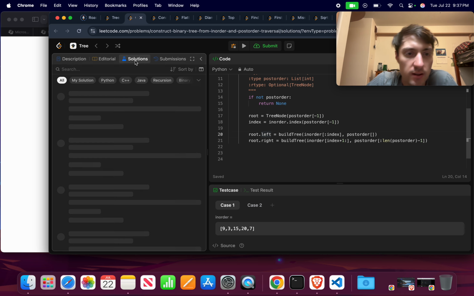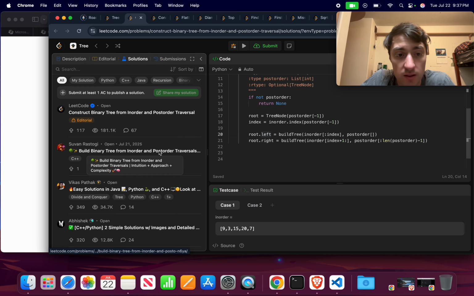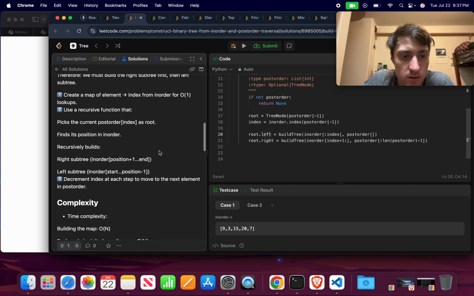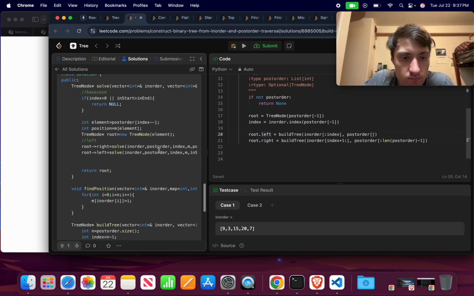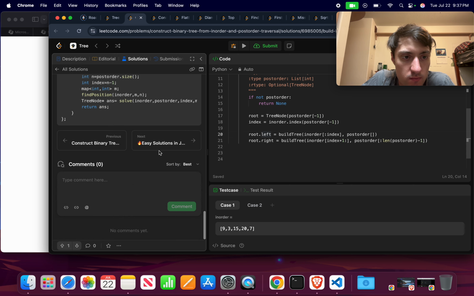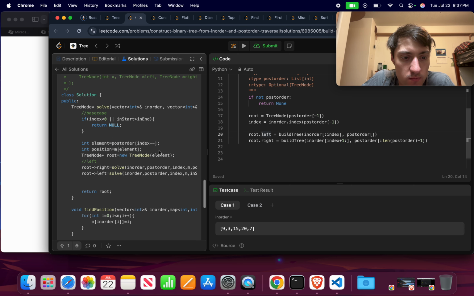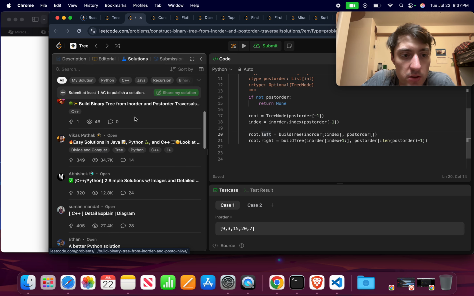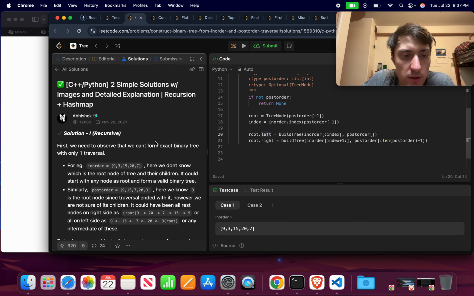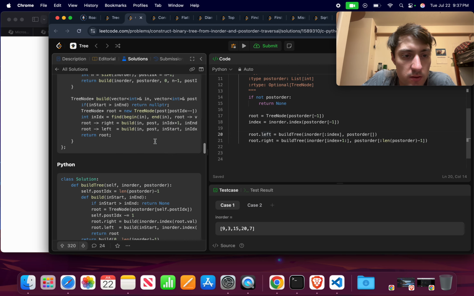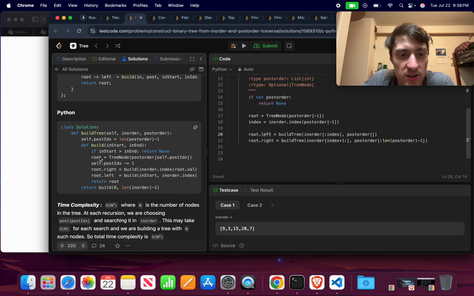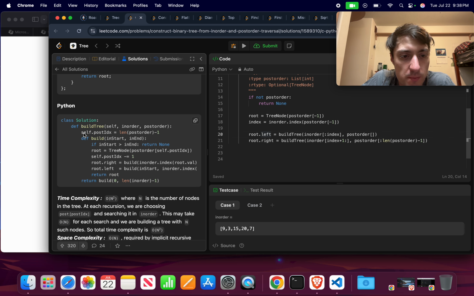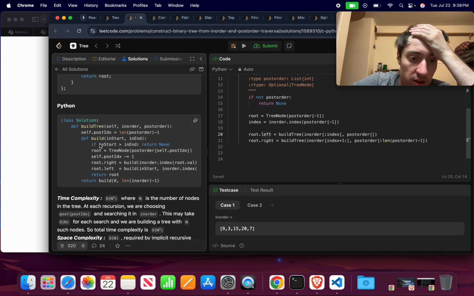All right, I'm going to have to look at the solutions. I can't think of a. Okay, well, that's why you don't use C++. Okay, so this one has Python. Good. Okay. See, much nicer. So we find the post index. They're traversing.